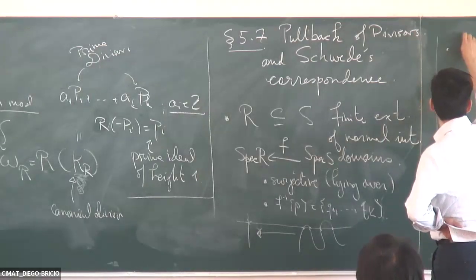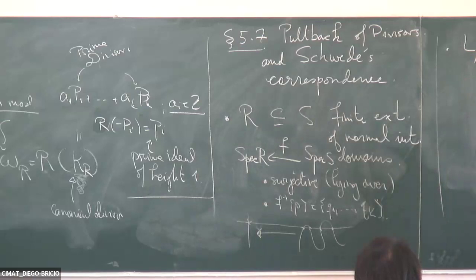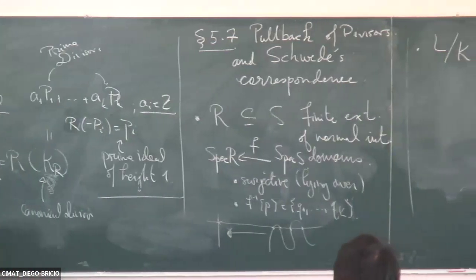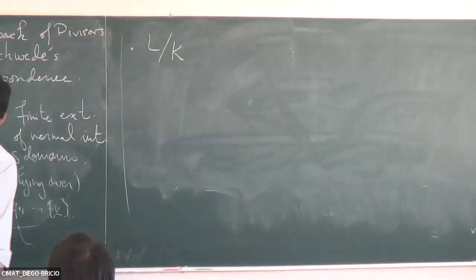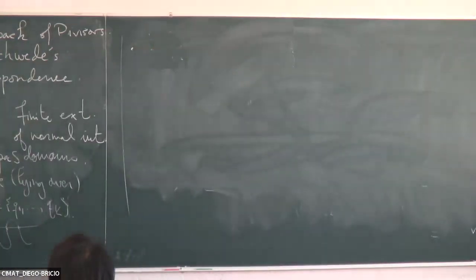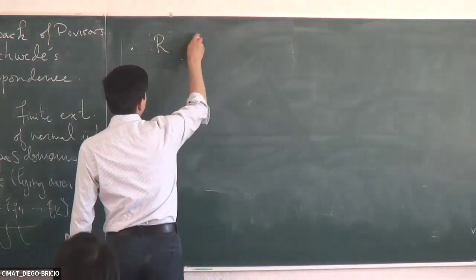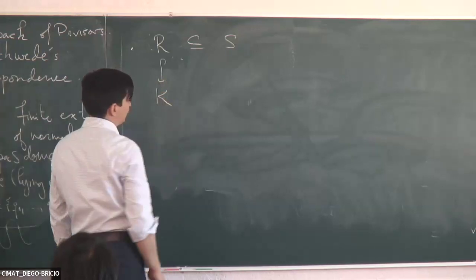And also, we're going to say that L over K is the corresponding finite extension of fraction fields. Actually, let me write it down as follows. We have R inside S, and R is inside its field of fractions.